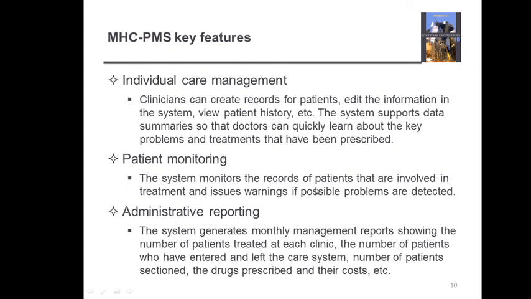Second is patient monitoring. The system monitors the records of patients involved in the treatment and issues a warning if possible problems are detected. So the system keeps on monitoring the records of the patient. For example, the patient has to visit the hospital or the clinic again after a month.